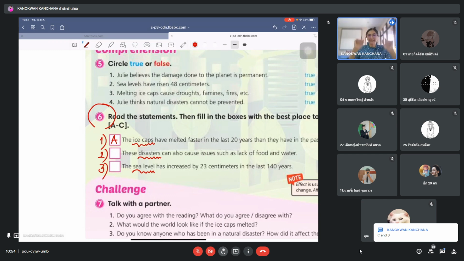I need 10 students, please, everyone. CB. Okay, Bantita mentioned CB. Waiting for 9 students. Kitinan, is that B and C or C and B? We're going to work on number 2 and number 3 together. CB.